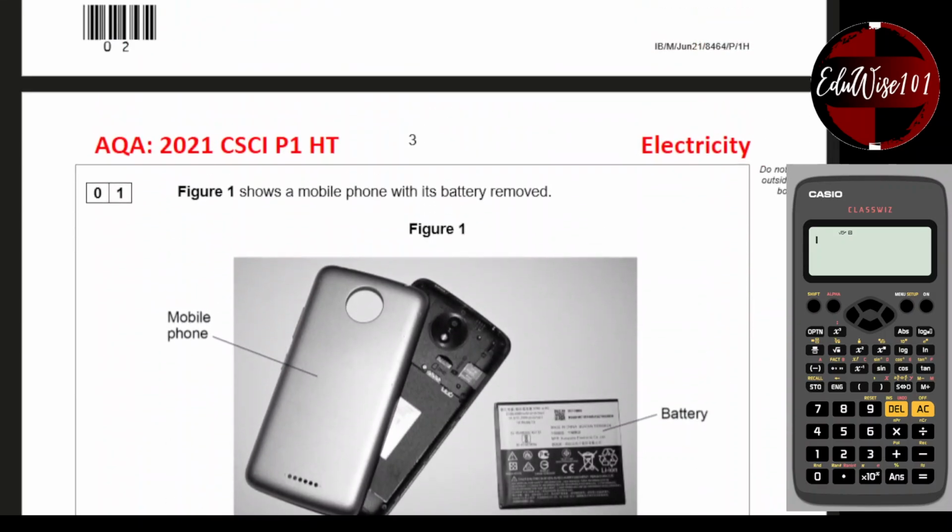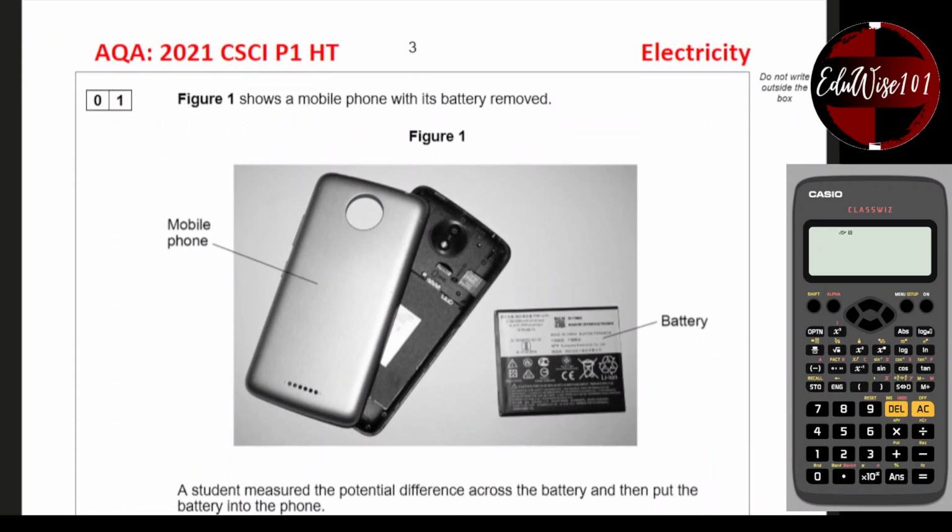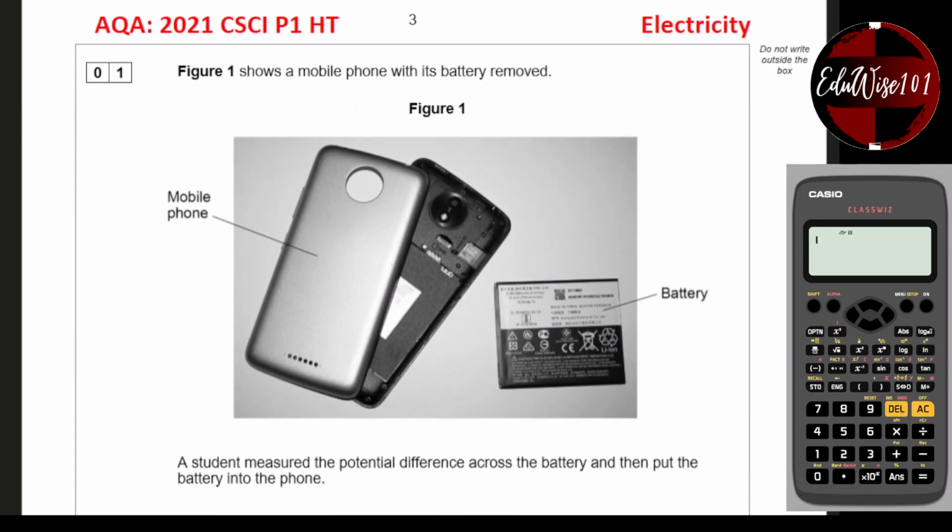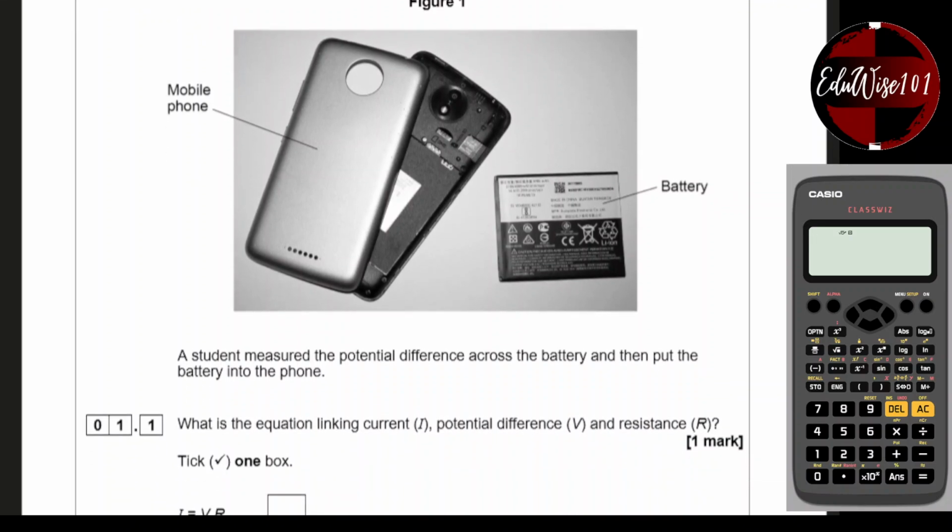Question number 1 is on the topic of electricity. Figure 1 shows a mobile phone with its battery removed. A student measured the potential difference across the battery and then put the battery into the phone. What is the equation linking current I, potential difference V, and resistance R?